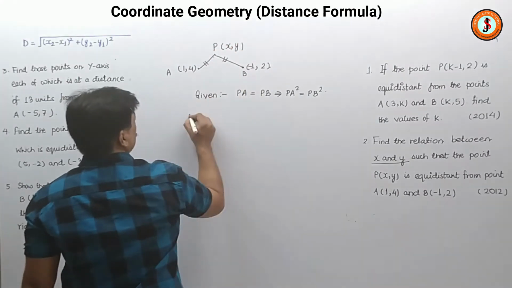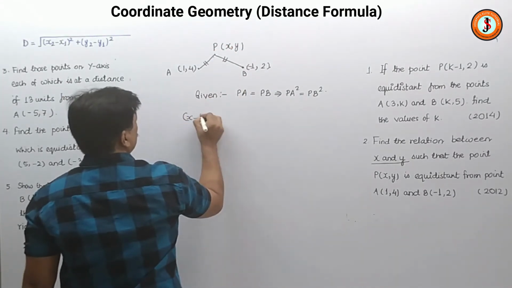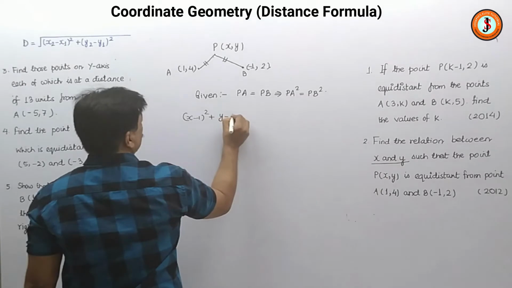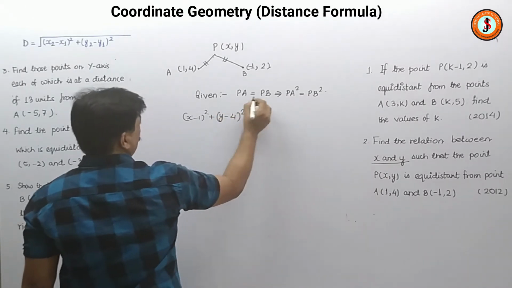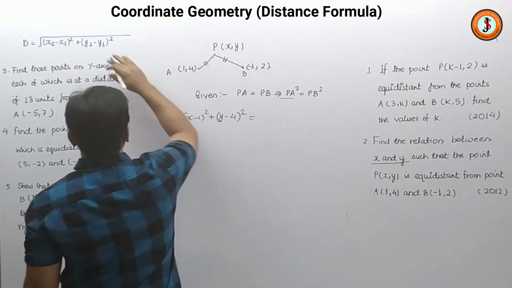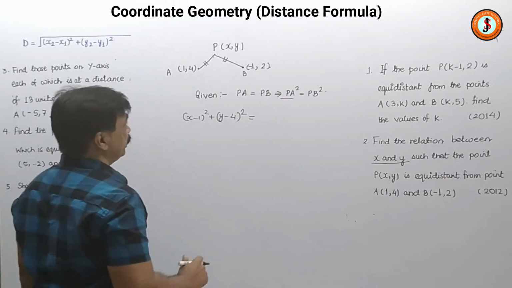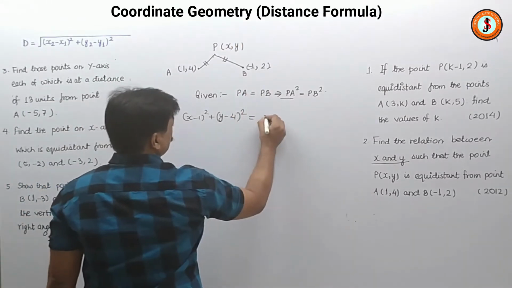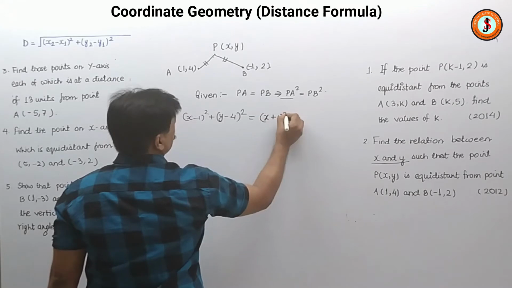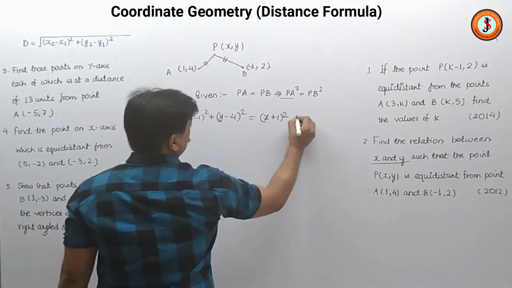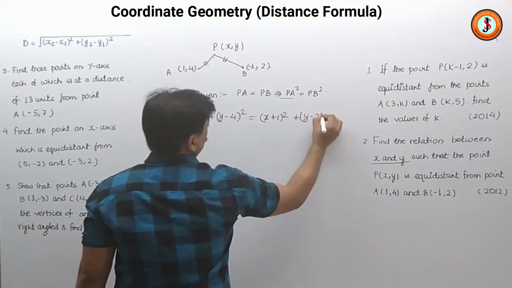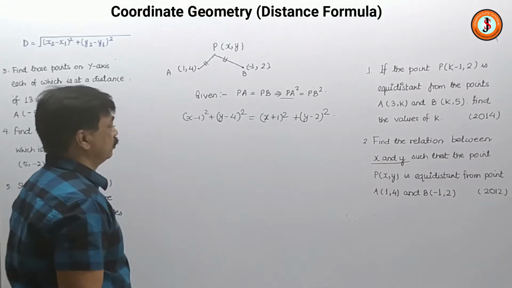So now what will happen? (x minus 1) the whole square plus (y minus 5) the whole square. I am taking PA square, so the root sign will be removed in the distance formula. And PB square: (x minus minus 1, that means x plus 1) the whole square plus (y minus 2) the whole square. So let us check what will happen.